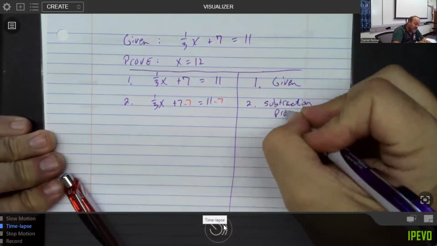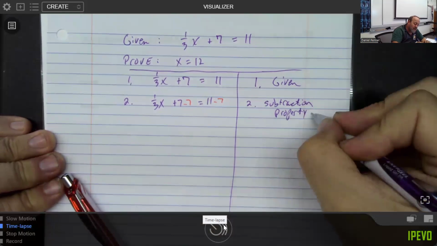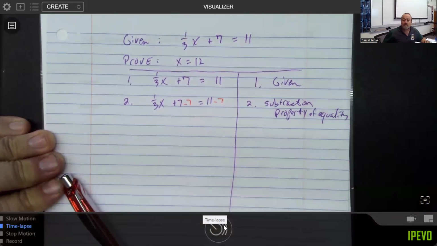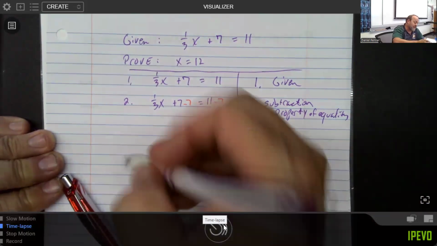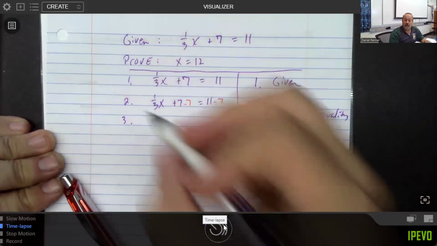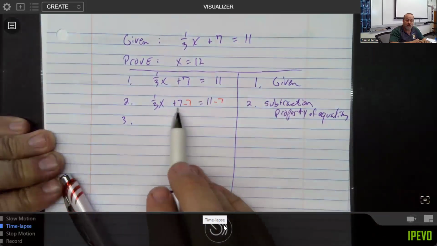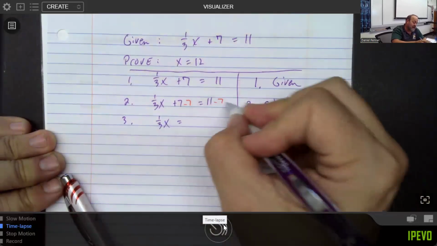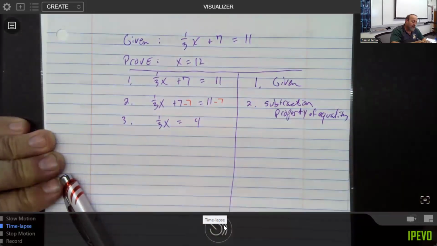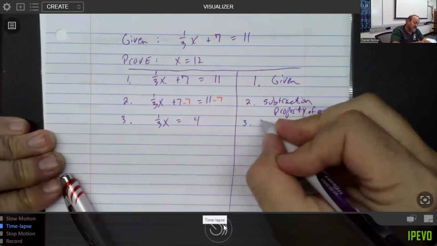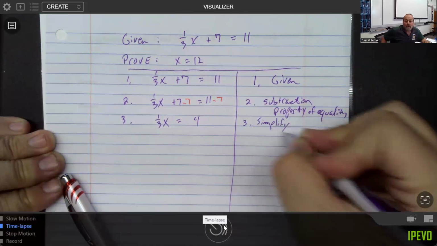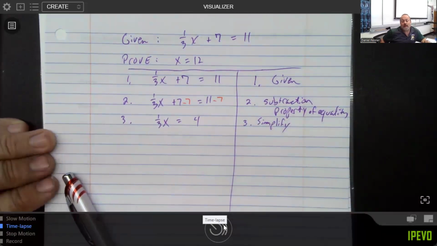Because the subtraction property of equality, hopefully I can fit that in here, tells me I can subtract the same thing from both sides. So that's fairly simple logic. Now, that does mean, though, that these two 7s are going to cancel out, and I end up with 1/3 of x being exactly 4. And that's true because what I just did is I simplified what I had. Right? I simplified the mathematics that was in front of me.